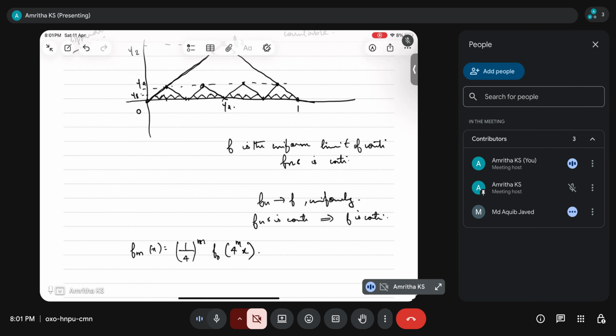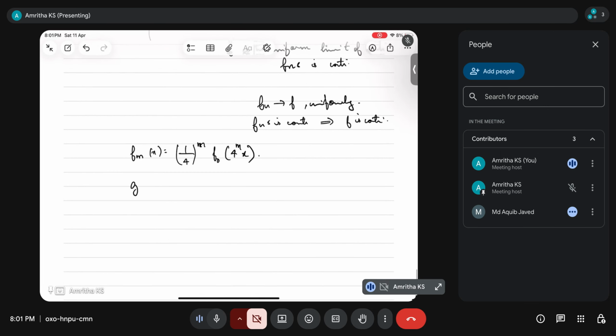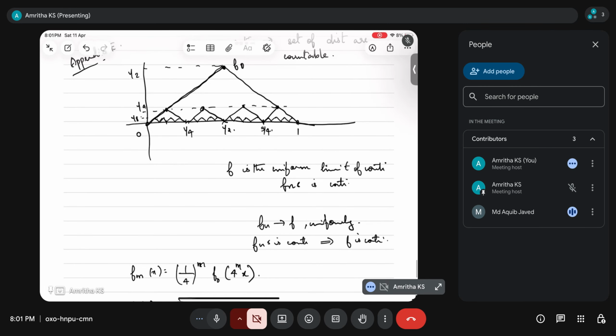And then we define a function g of x. They are also not differentiable at 1/8, 1/16 and so on.